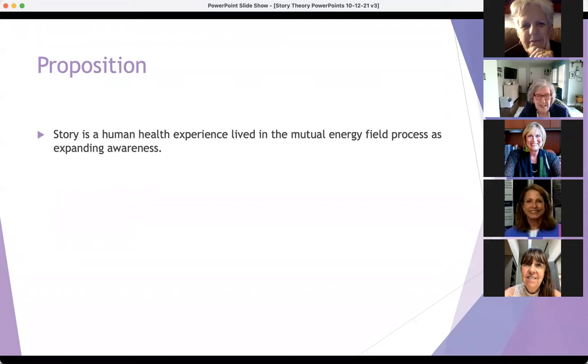Human health experience lived in that mutual resonating energy field process of persons with their world as awareness is expanded. So what I'm taking from Rogers is expanding awareness as a human energy field process of people and their world. And from Newman, the human health experience as a perspective on human health, viewed in the reality of the person's perspective.